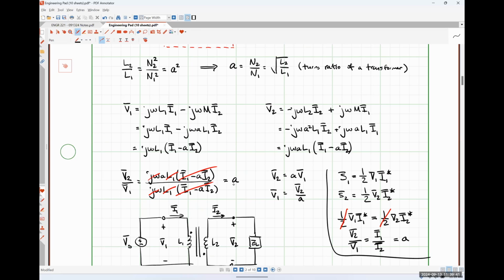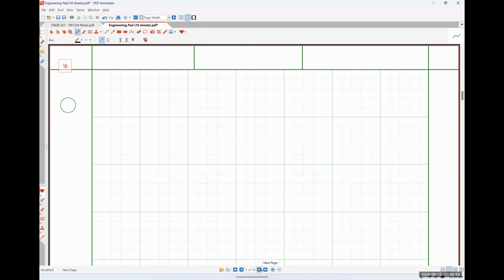So I want to find the Thevenin equivalent circuit of a transformer. So let's say that I have the following system.